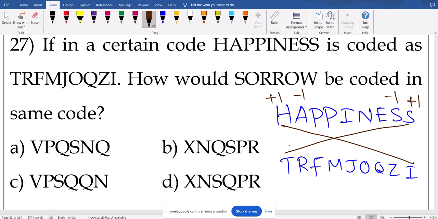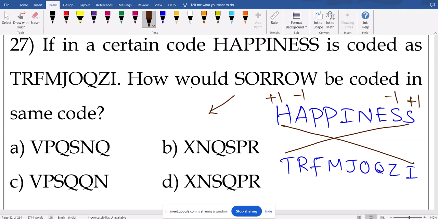Now the same thing if you apply for sorrow, S next letter is plus 1, first plus 1. How would sorrow be coded in the same code? S next letter is T, but read the question. How would sorrow be coded in that same code? It seems sorrow is the result of something.